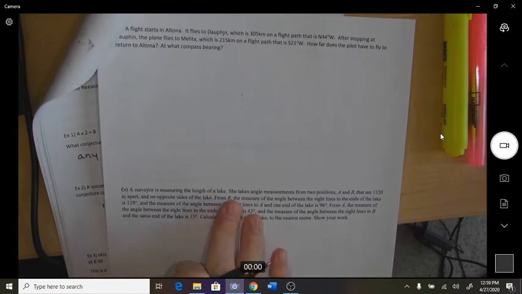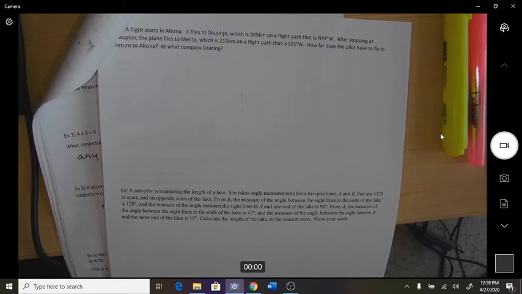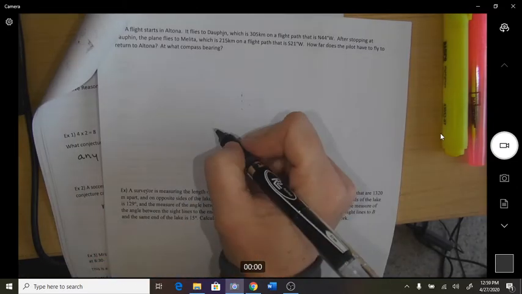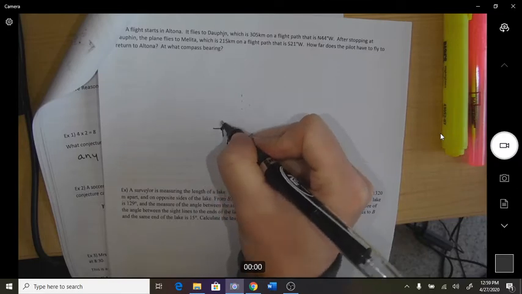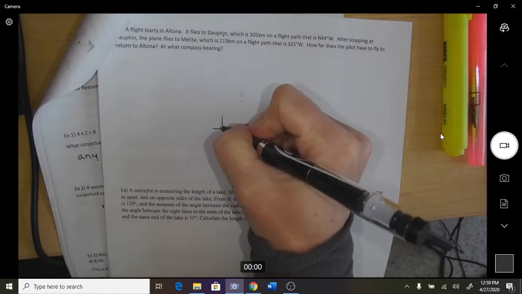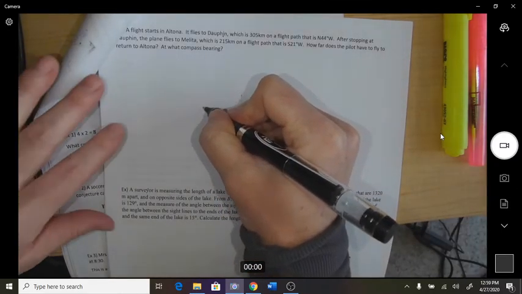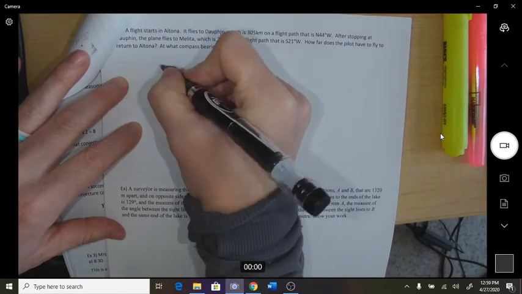A flight starts in Altona, it flies to Dauphin, 305 kilometers on a path north 44 degrees west. So we're going west, so I'm going to put Altona here. North 44 degrees west to Dauphin.